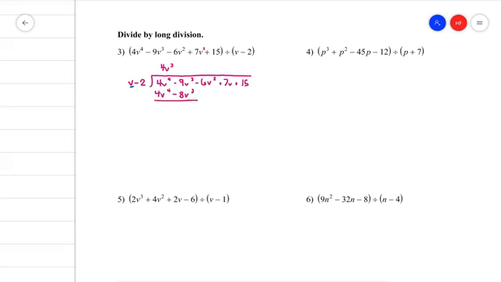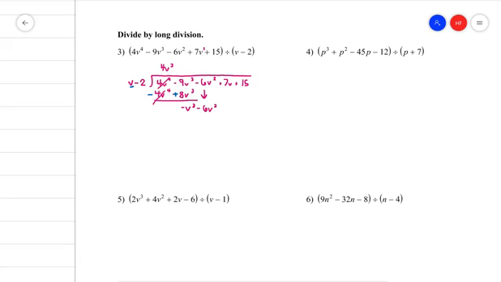We are subtracting that entire thing, so all the signs on the bottom will change. These two will cancel, and that's what we want. And we have negative 9v cubed plus 8v cubed is negative 1v cubed. Bring down the next term.